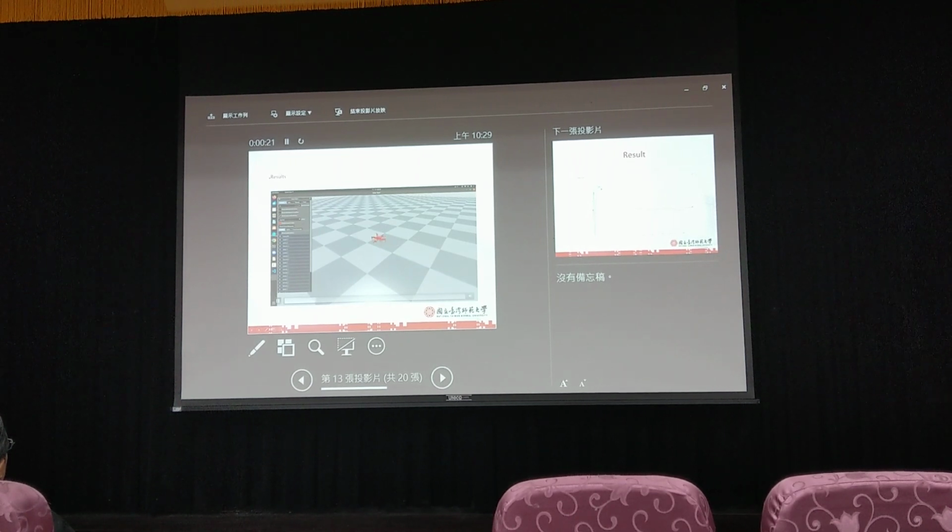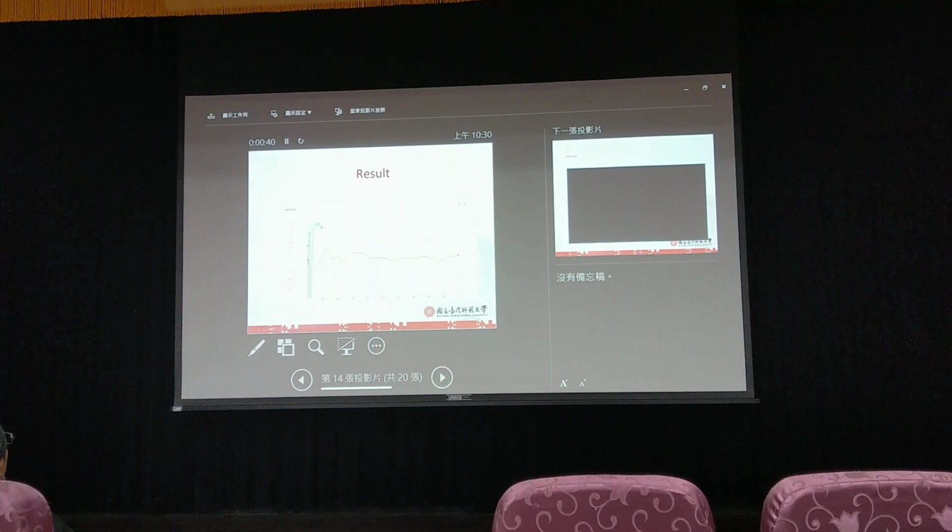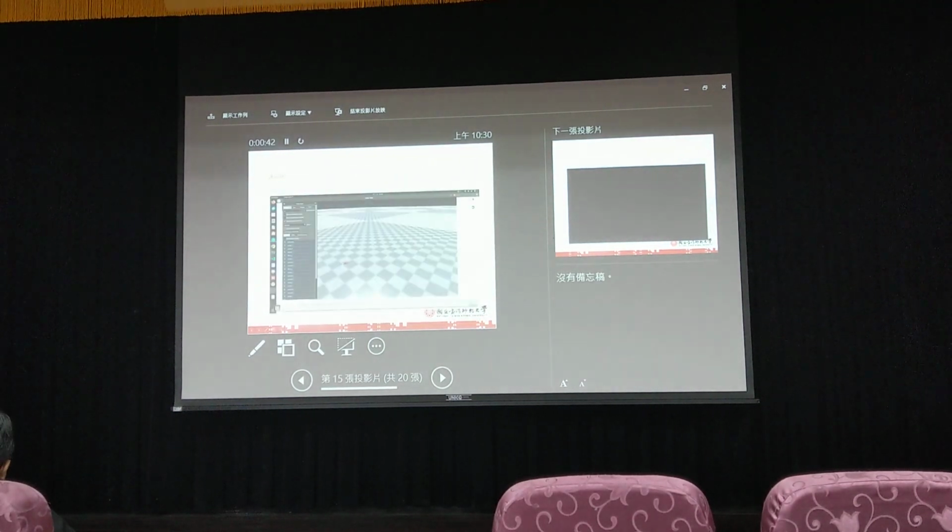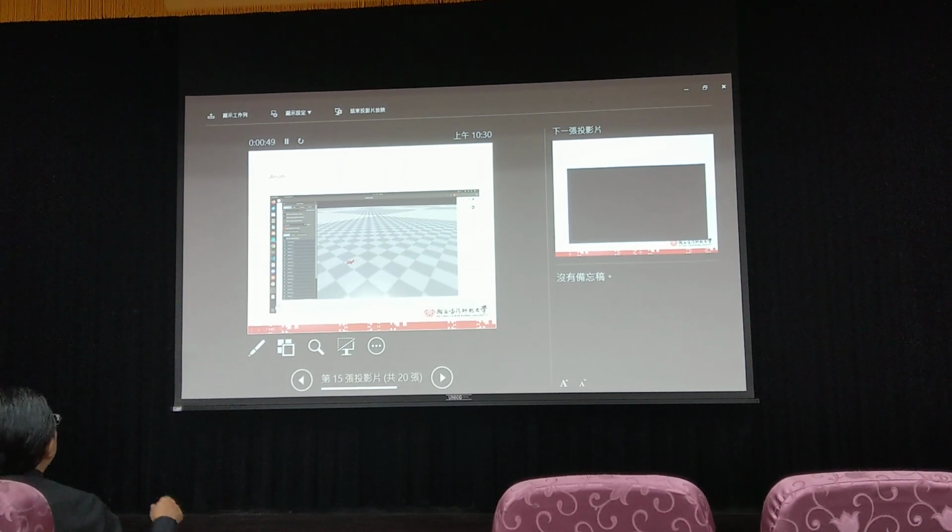You can see that's why I need to add the air time reward and the fatal contact penalty, so that the robot will not keep jumping and putting some feet in the air. And this one is the better one. You can see now the robot is moving more smoothly, but it's in the physics environment.